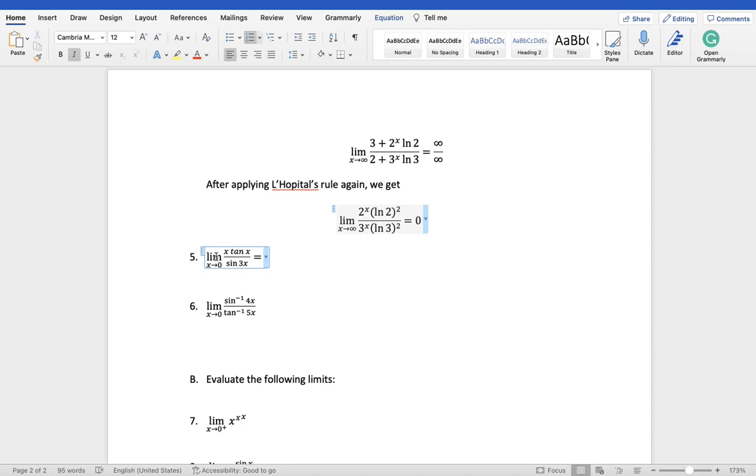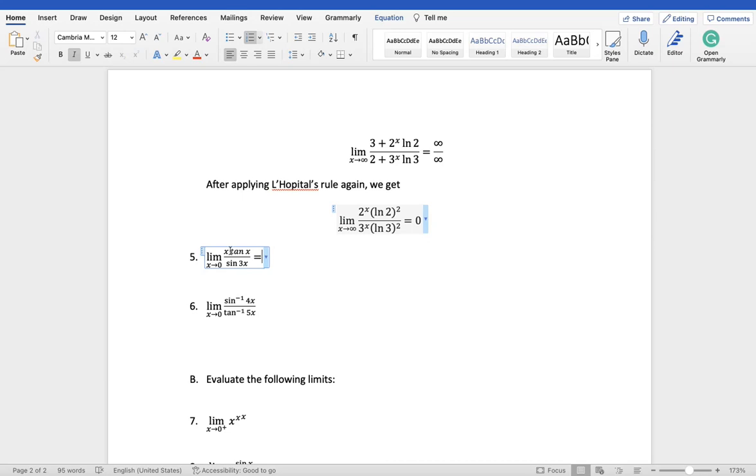It's undefined. What sort of undefined form does it get? I think the denominator becomes 0.